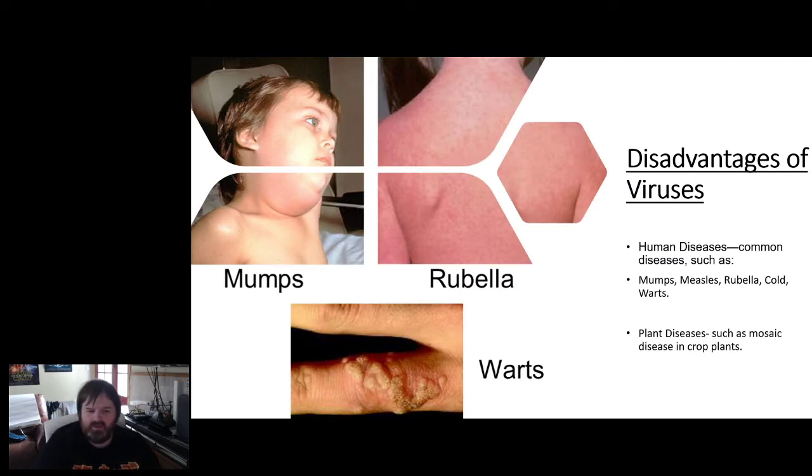Well, common ones that we have to worry about are measles, mumps, and rubella, and the cold and warts. Now, if you were to look at the infection rates of viruses, COVID-19, for example, or SARS-CoV-2, it's quite a high infection rate. It's nothing on measles.